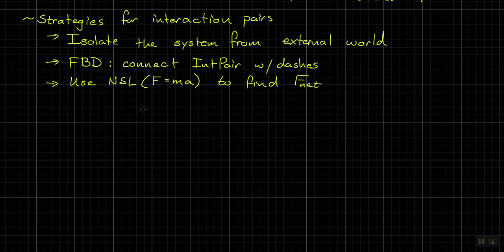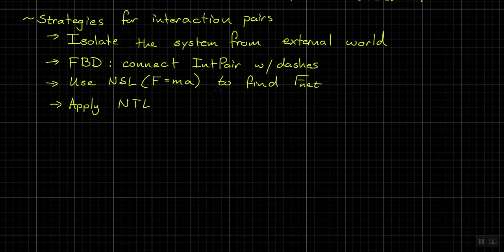All right. And then finally, once we've found all of our net forces, we've identified our interaction pairs and all that good stuff, we'll apply Newton's third law. When we talk about applying Newton's third law, all I'm referencing is the equation we wrote a second ago, right above in our notes.